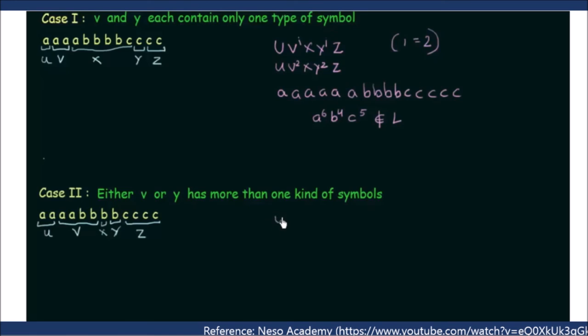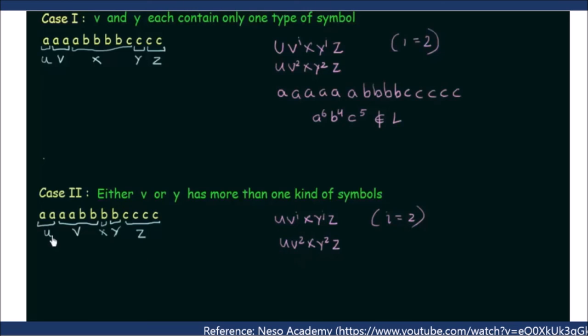U, V raised to i, X, Y raised to i, Z, and again I will take i equal to 2. You can also take some other numbers, but I'm just taking the example of 2. So U, V squared, X, Y squared, Z.